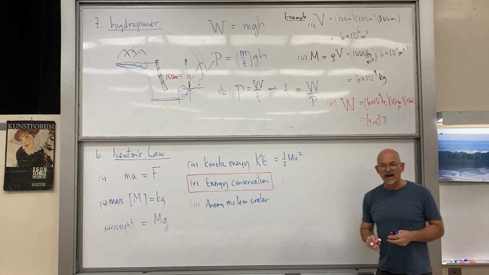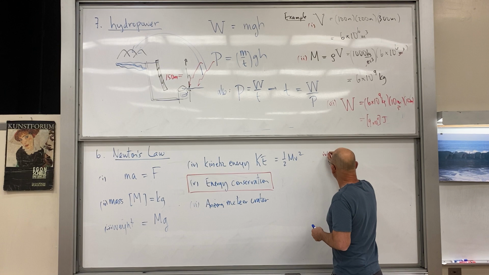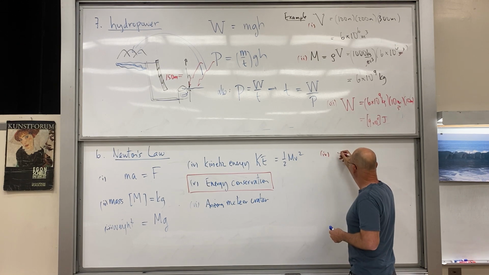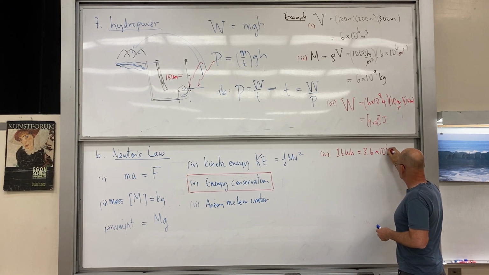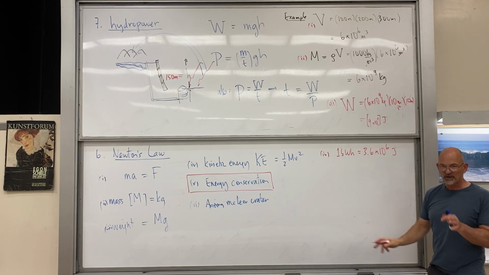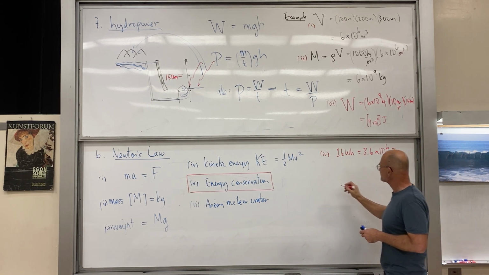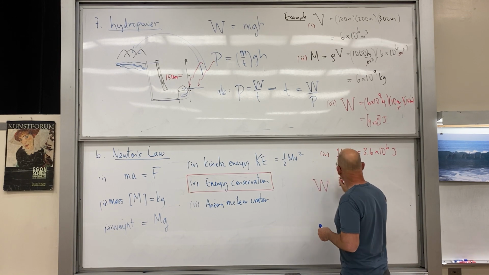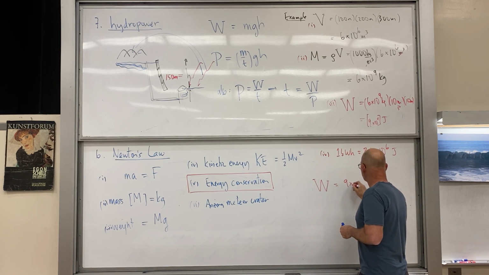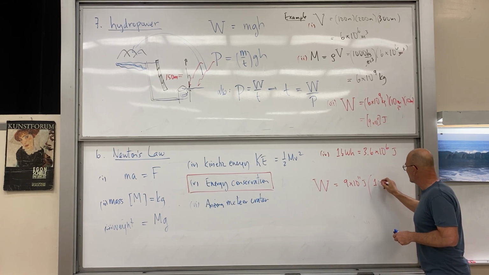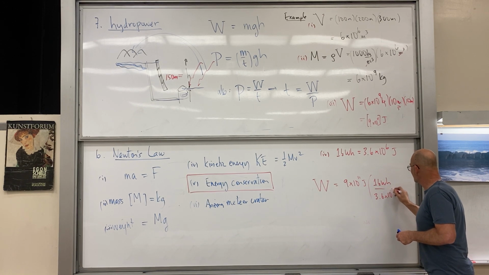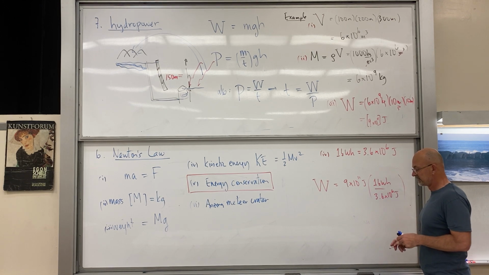How many kilowatt hours is that? So part 4 from this problem up here, we have 1 kilowatt hour is equal to 3.6 times 10 to the 6 joules. That's a conversion factor. We've derived that a couple times. So if I wanted to convert that, I would take my 9 times 10 to the 11 joules, and I'd multiply it by 1 kilowatt hour divided by 3.6 times 10 to the 6 joules.